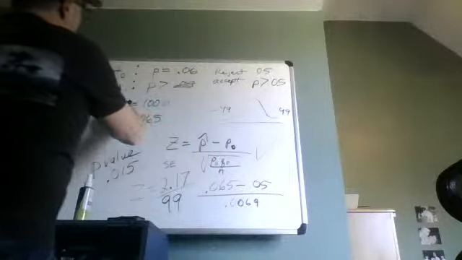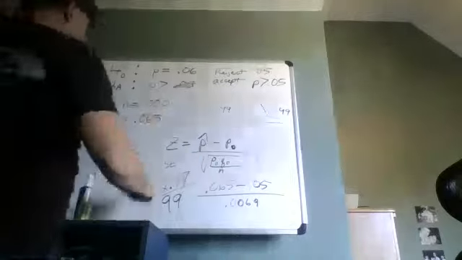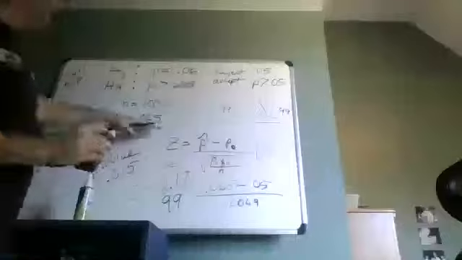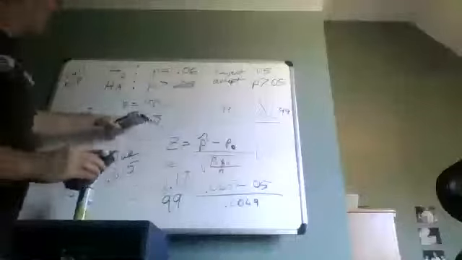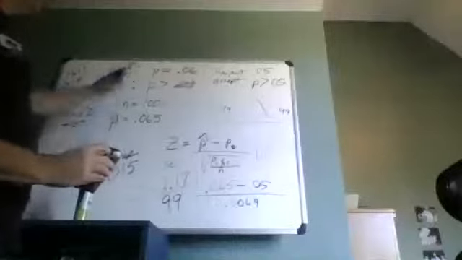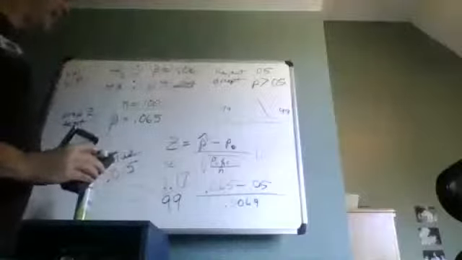We'll keep the n at 1,000, and we'll change, no, we won't. We will keep p hat at 6.5%. So the only thing that we will really do on this problem to change it around is to say that the null hypothesis is 6%. And then you go through and do the whole thing just like I did. And we'll see whether you're going to reject it at 6% or not.